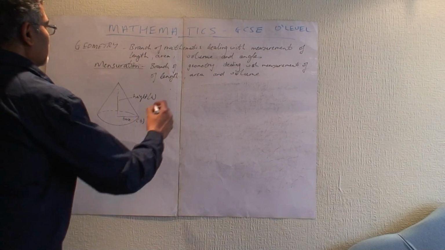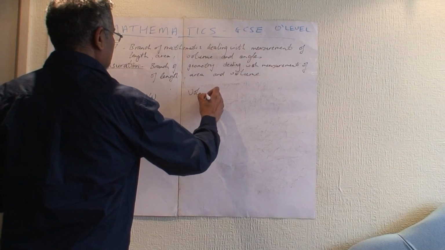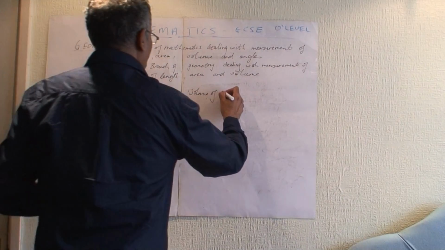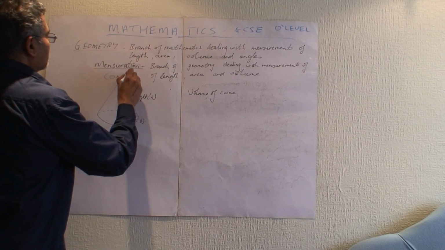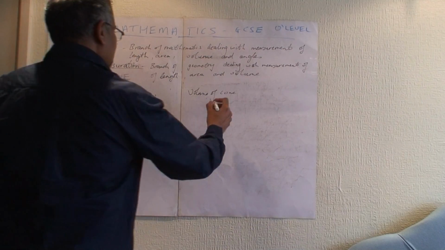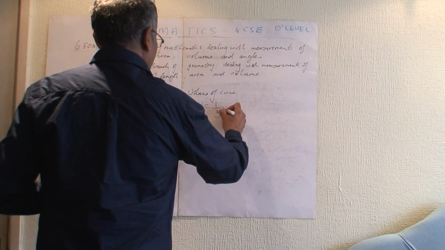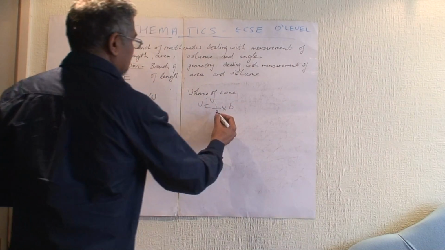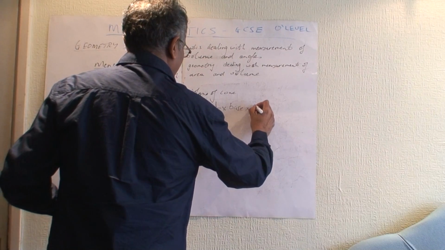The volume of the cone. So the volume of the cone is a third multiplied by base multiplied by height.